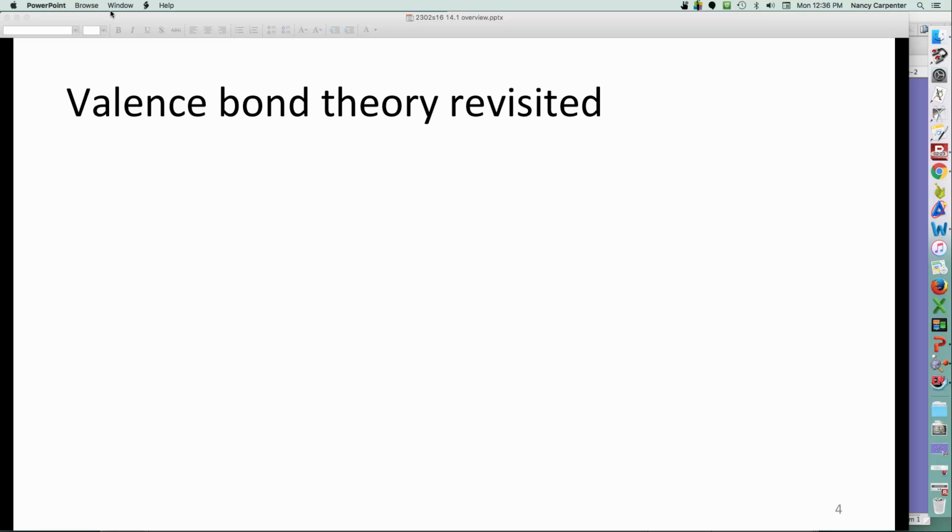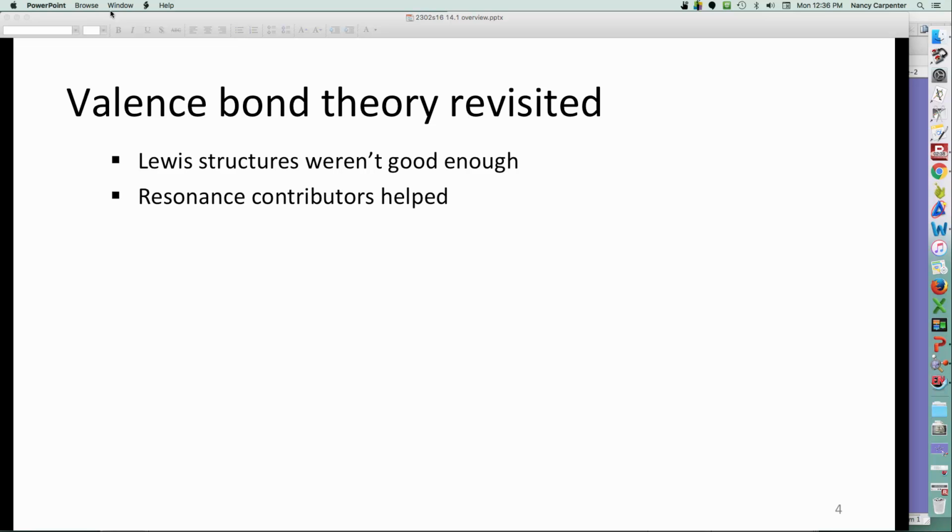Well, how you don't explain it is by valence bond theory, because valence bond theory fails us here. We've seen already that Lewis structures are really nice and simple and clean and straightforward, but they just don't explain everything. So then we turn to resonance. If we look at drawing those pretty little electron movement arrows and delocalizing the electron density, boy, that explains a lot of stuff.